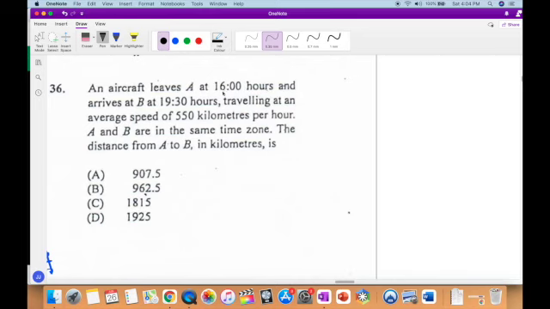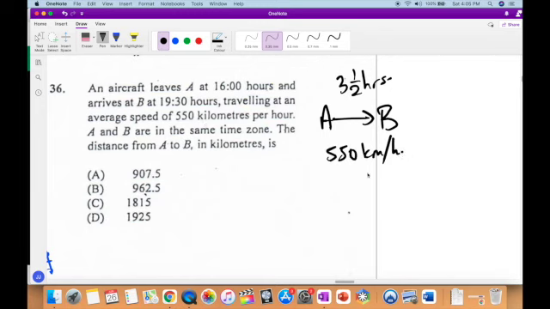So the aircraft leaves at 1600 and then it arrives at B at 1930 hours. So that is 16, 17, 18, 19. That is 3.5 hours it takes to go from A to B, traveling at an average speed of 550 kilometers per hour, right?